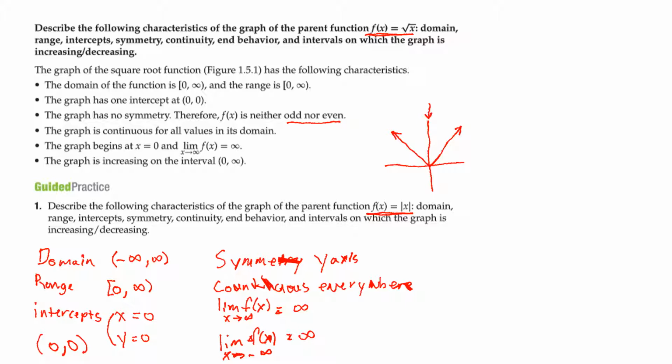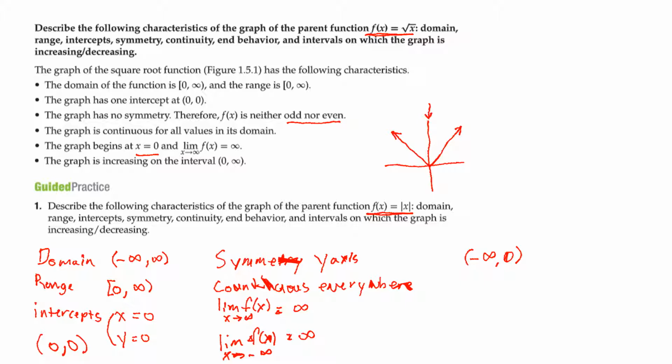For them, their graph began at x equals 0. So they had a dead end as their beginning. Okay? Intervals on which the graph is increasing and decreasing. Okay? It is decreasing in this part and increasing in this part. So from negative infinity to 0, and not at 0 because 0 is that point where it turned. I can't say if that's decreasing or increasing.